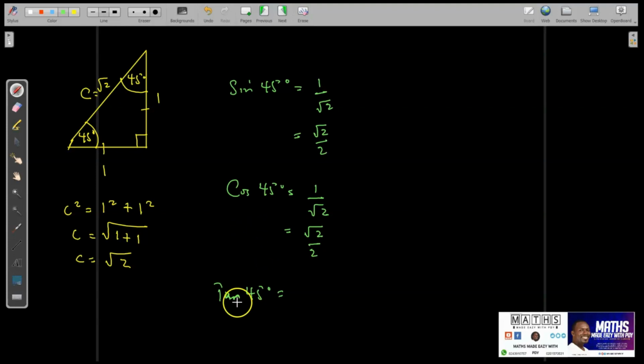All right. So we are on tan of 45. Therefore, the ratio of tan is opposite on adjacent. So what's the opposite value of 45? 1. Adjacent value of 45? 1. 1 on 1 is the same as 1. So tan 45 is 1.